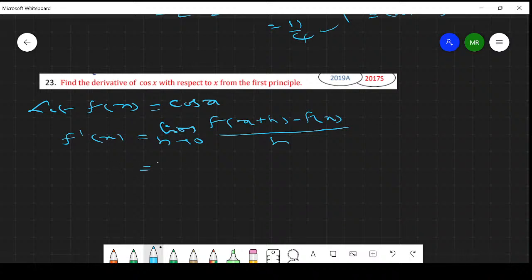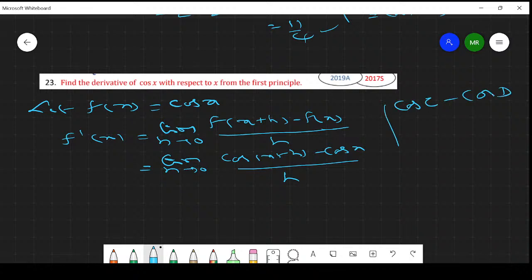Now I can write limit h tends to 0, cos of x plus h minus cos x by h. Apply the cos c minus cos d formula here. What is cos c minus cos d?